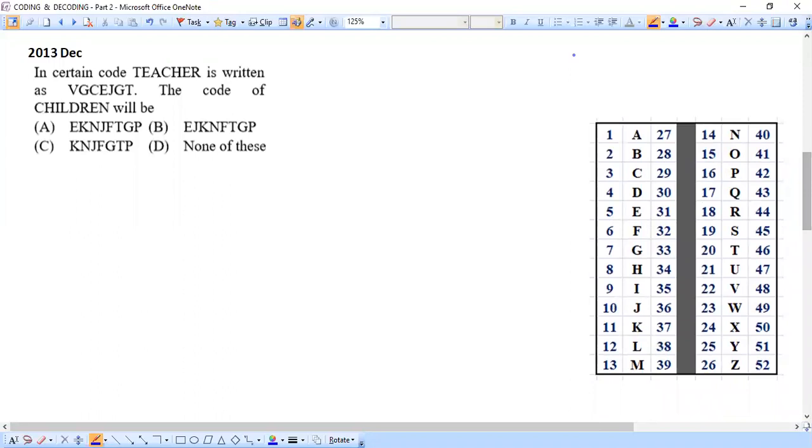Yes, question number 2. Question 2 is from the year 2013, December month. And let's see what is given in the question. In a certain code, the word teacher, T-E-A-C-H-E-R, is coded as, respectively, we need to write it.